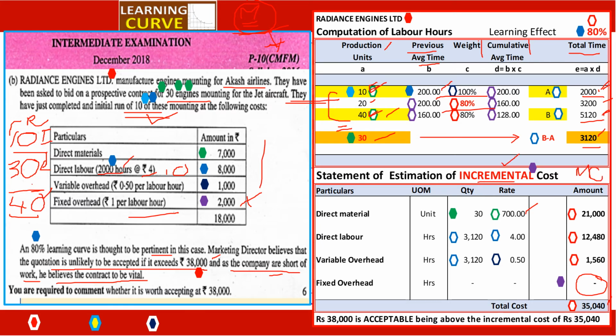As per the marginal costing approach, we have the variable cost of 35,040, and the market can get us 38,000. We can accept 38,000 because it gives us additional contribution of 38,000 minus 35,040. Therefore, you are required to comment whether it is worth accepting. Yes, 38,000 is acceptable, being above the incremental cost of 35,040, and this solution comes by using the learning effect of the learning curve.